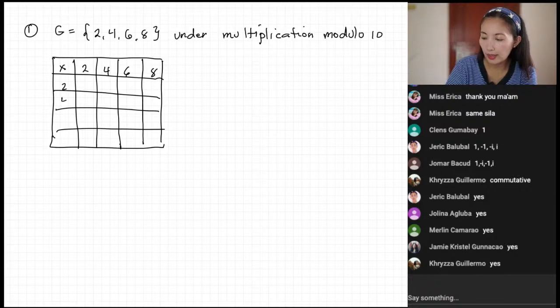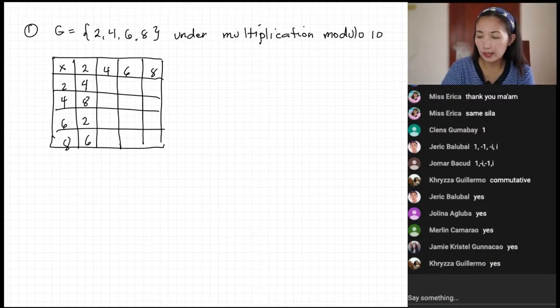Simply multiply: 2 times 2 is 4. 4 times 2, 8. 6 times 2, 12, modulo 10, 2. 8 times 2, 16, modulo 10, 6. 2 times 4 is 8. 4 times 4, 16, modulo 10, 6. 6 times 4 is 24, modulo 10, 4. 8 times 4, 32, modulo 10, 2. 2 times 6, modulo 10 is 2. 4 times 6 is 4 because of 24. 6 times 6 is 36, modulo 10 is 6. 6 times 8 is 48, modulo 10 is 8.